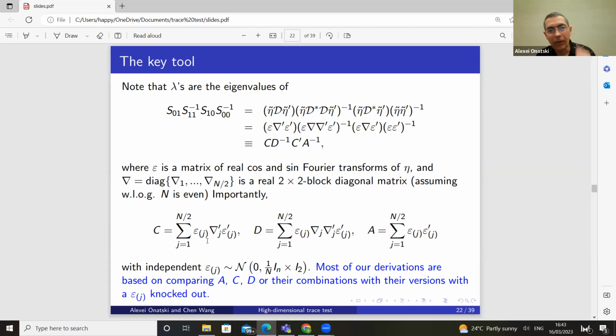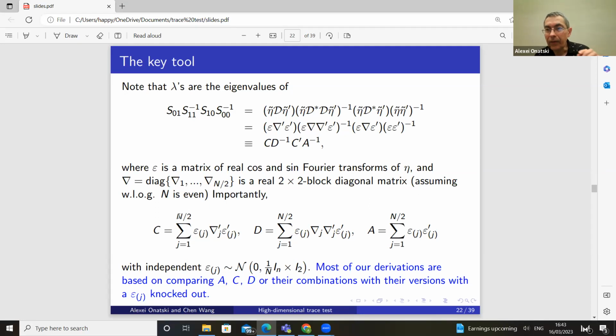It's two adjacent columns of the matrix epsilon, corresponding to the sine and cosine Fourier transforms. So this is a rank 2 matrix. It's not a rank 1 matrix, but then I'm summing over all j going from 1 to n over 2, and I'm assuming here that n is even.